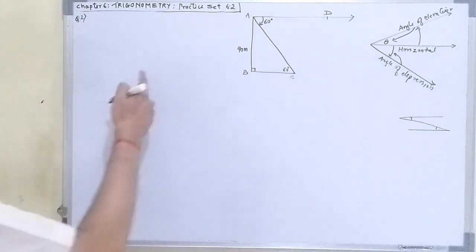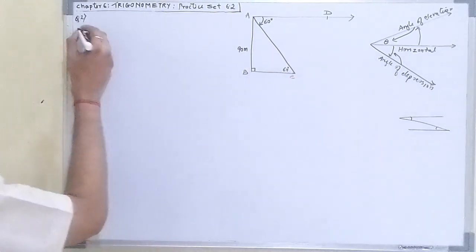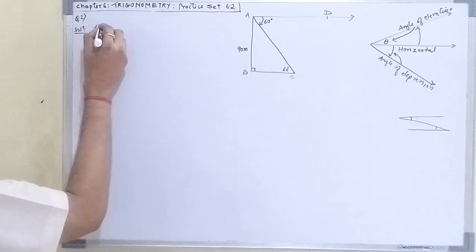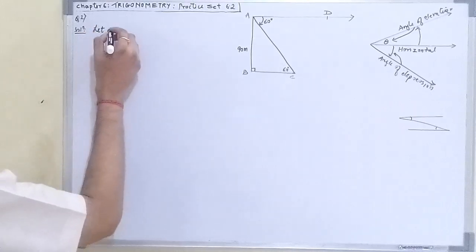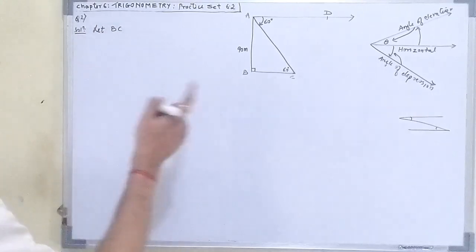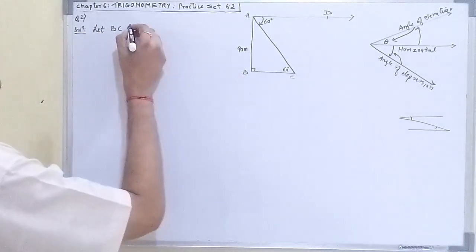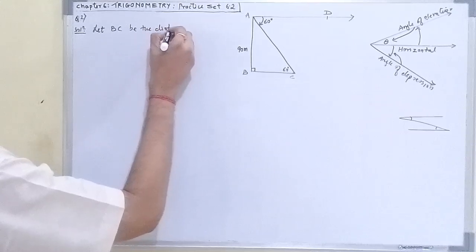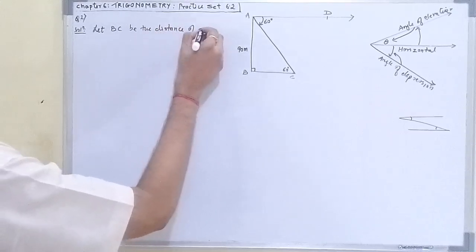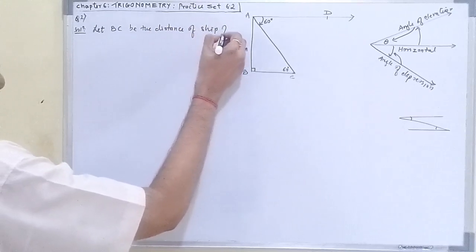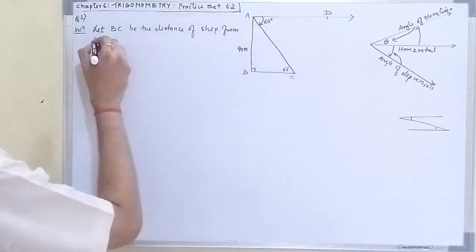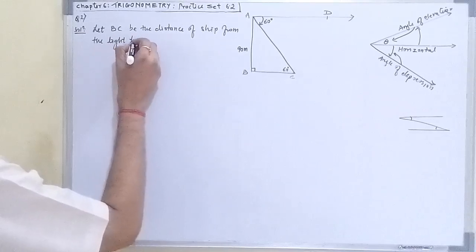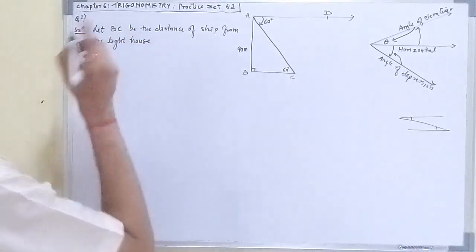Okay? Now, what we have done, we have to explain here. Solution. Let BC, what is asked, write that first. Let BC be the distance of the ship from the lighthouse. This is what we want.